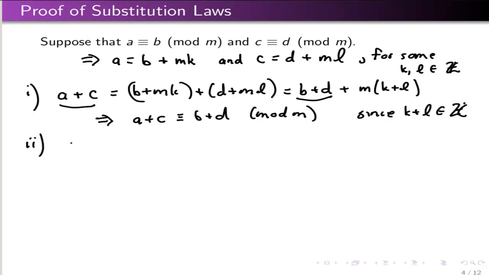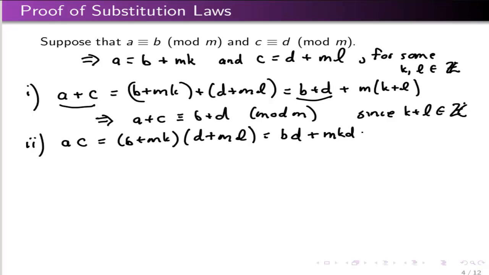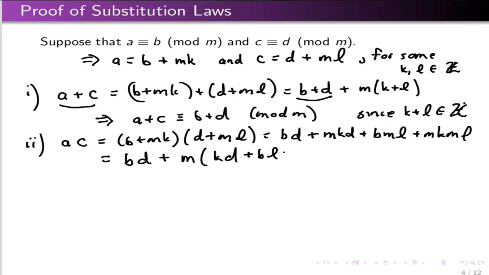Likewise, in property 2, if I want to look at a times c, that would just be this product, which is, using the distributive law, bd plus mkd plus bml plus mkml, and then using the distributive law once more, I factor out an m, and I've got kd plus bl plus one of the m's is going to remain here, so kml.